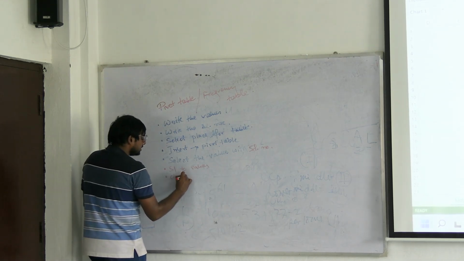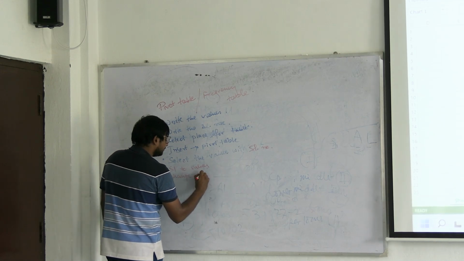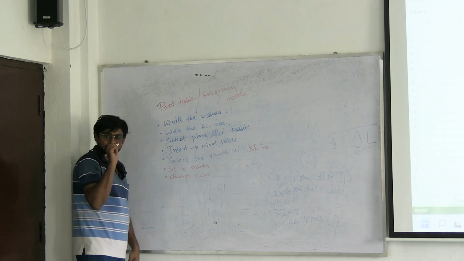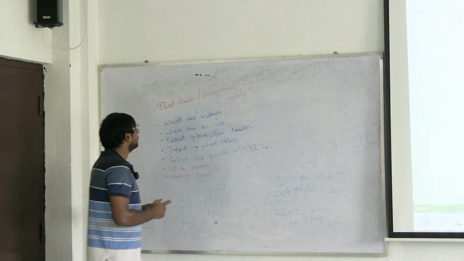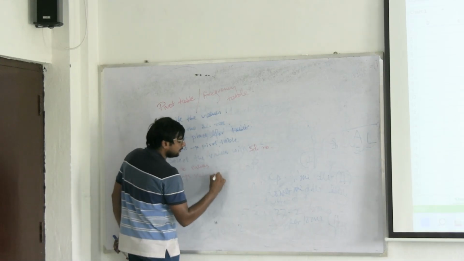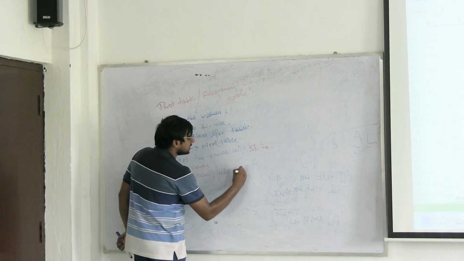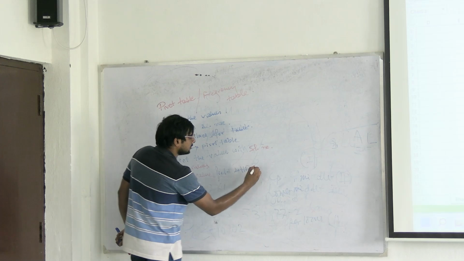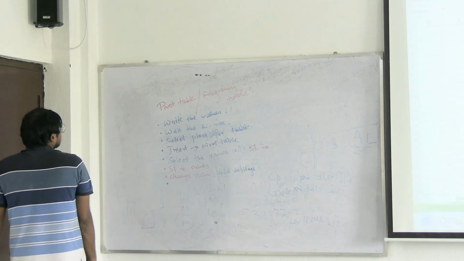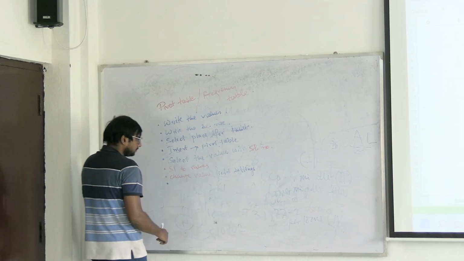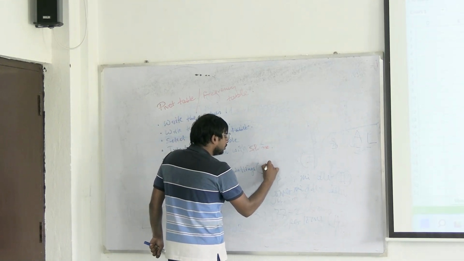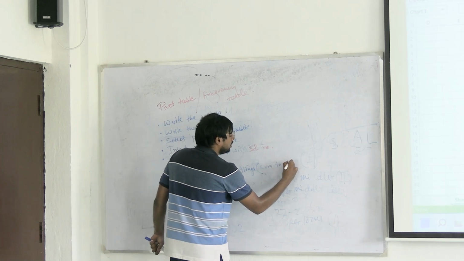Change value field settings. Can you read this? It's very faint, it's the board. Value field settings. And what after that? Change value field setting from sum to count.